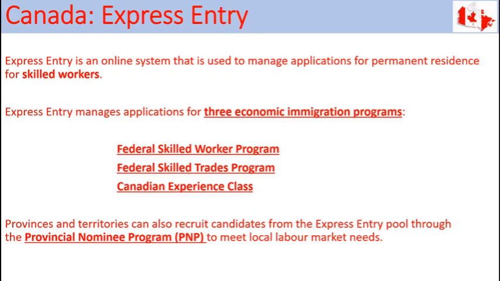The first one is the Federal Skilled Worker Program. The second one is the Federal Skilled Trades Program. And the third one is called the Canadian Experience Class. Other than these three, there is one more important program known as the Provincial Nominee Program. That depends on each province and how they conduct the nominations. I'll discuss that in future slides.